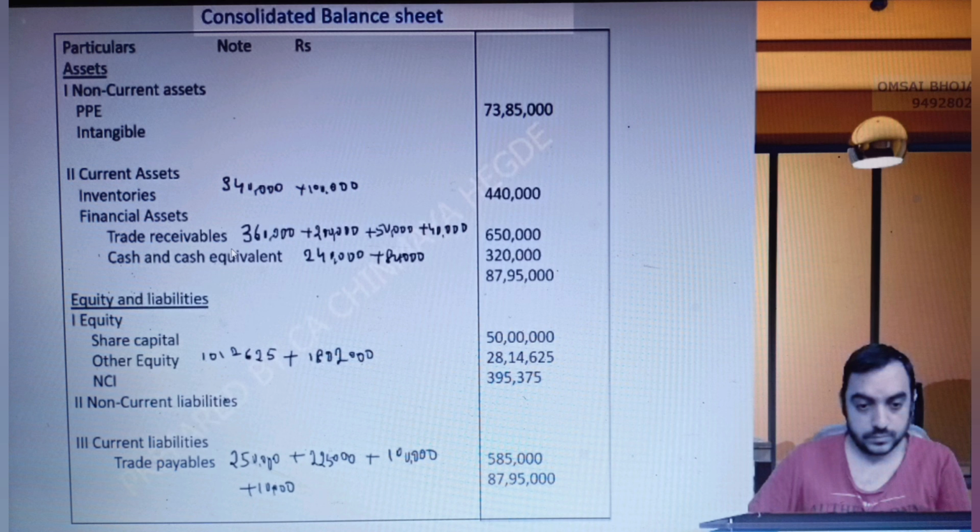Okay, hope it is done. Okay, let's come to the liability side. Equity share capital, simply only the holding company. Other equity will be the sum of gain on bargain purchase plus the consolidated P&L column. Both of them will be added.